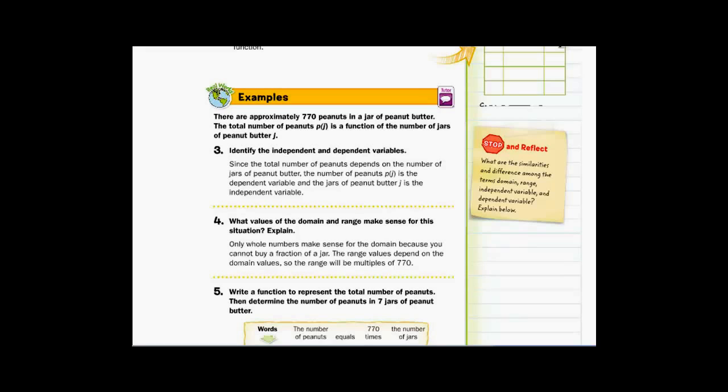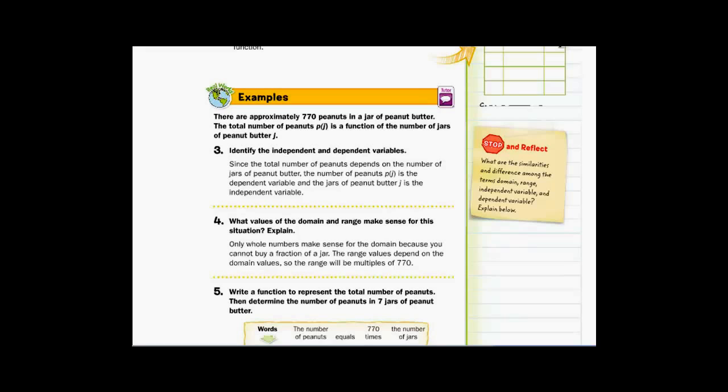So, since the total number of peanuts depends on the jars of peanut butter, if you pick 7 jars of peanut butter, then the number of peanuts depends on that. If you pick 28 jars of peanut butter, the number of peanuts depends on that. So that means that the jars is the independent, because that's the one you have control over, and then the number of peanuts.